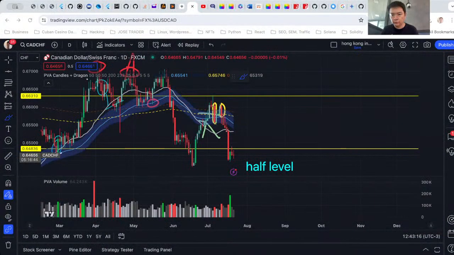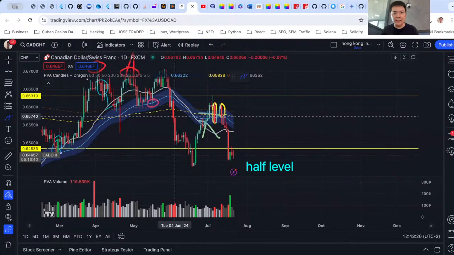It went above the 200 EMA for a while, to then become bearish again. So if you go back here, it's very clear that it did this zigzag pattern.